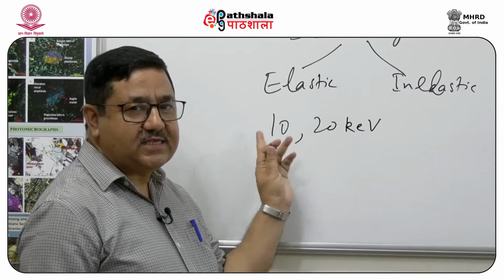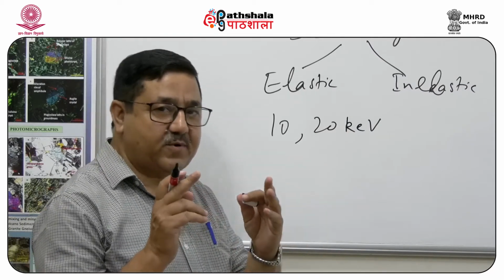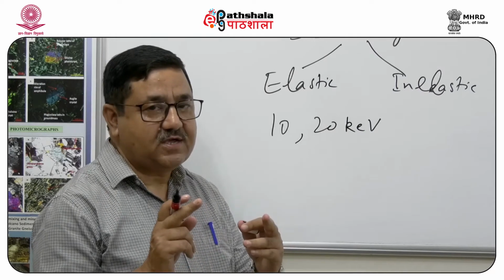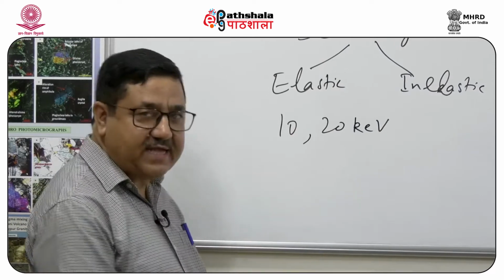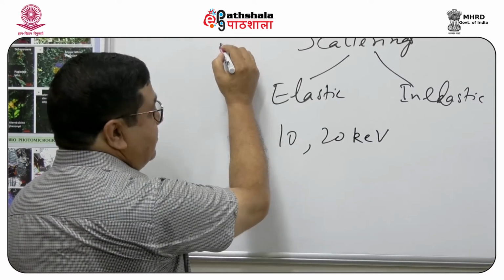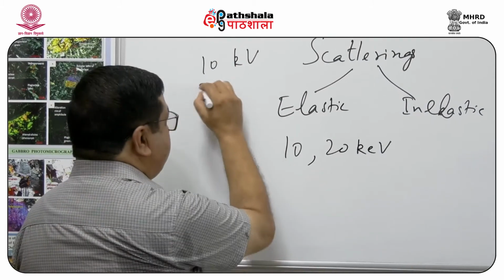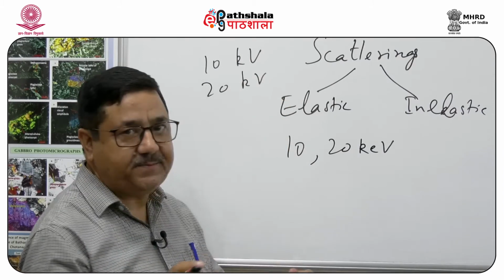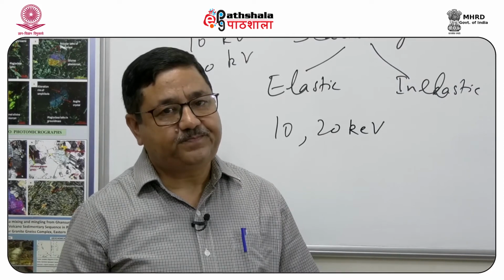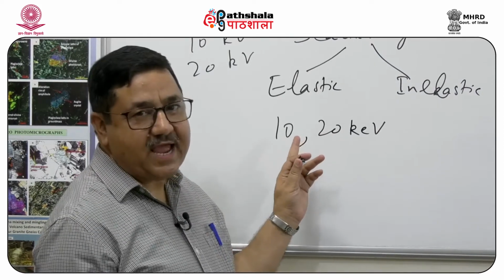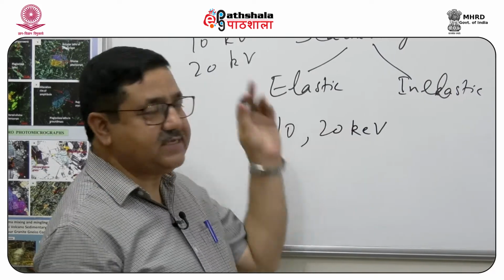Now, this numerically is the same as the potential difference which is applied to generate the electron beam, but the unit of that is kilovolt. So, a 10 kilovolt or 20 kilovolt potential will lead to the emergence of an electron beam which will have the unit of kilo electron volt, but numerically it is similar.